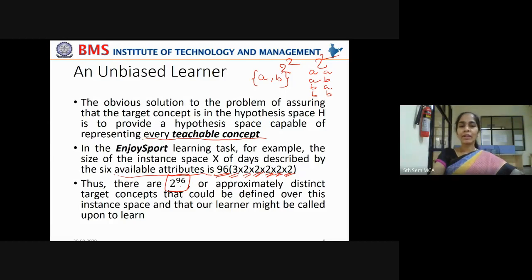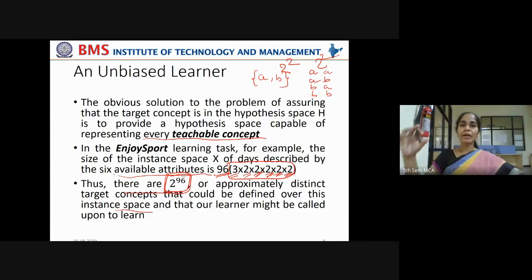Thus, there are 2 power 96 distinct target concepts that could be defined over this instance space and that our learner might be called upon to learn. If at all you want to start with all possible hypotheses, if this is the example training set given, in that case, 2 power 96 hypotheses have to be included into the hypothesis space to start with.